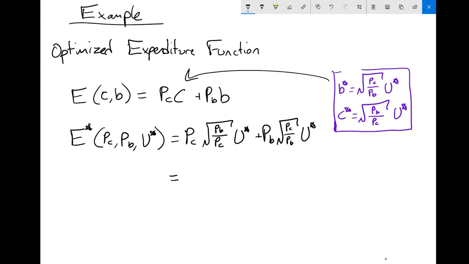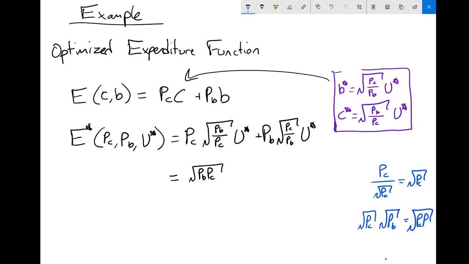We can simplify this. We'll notice that what we end up getting here is square root of PB PC, because we have, as an aside, PC divided by square root of PC, which will equal the square root of PC. Square root of PC times the square root of PB equals the square root of PC times PB.